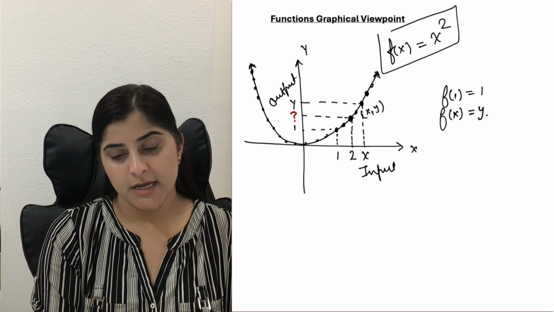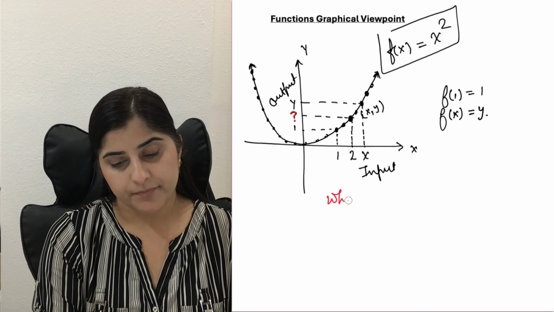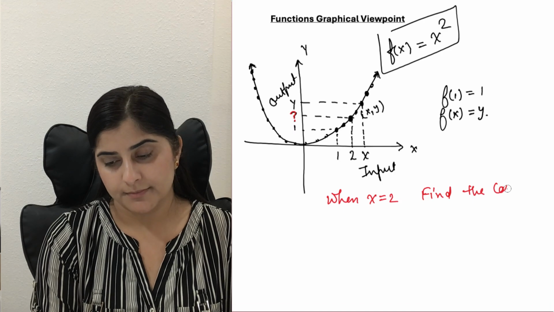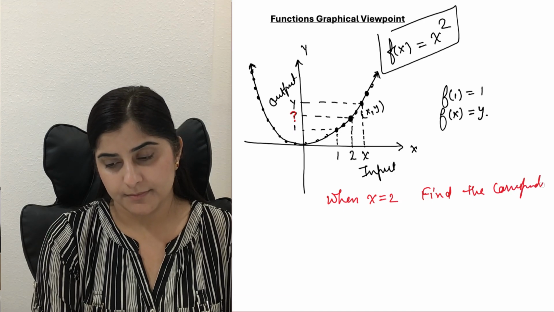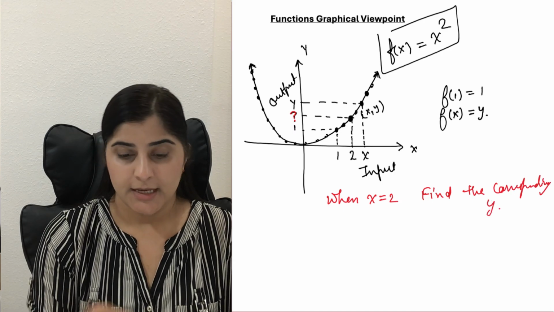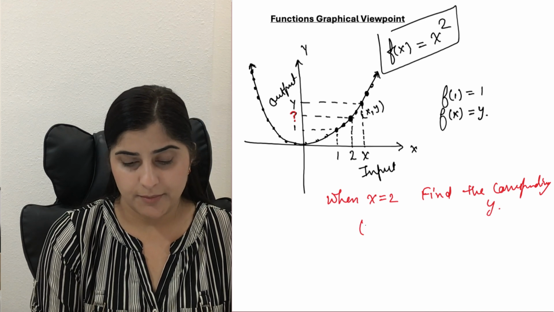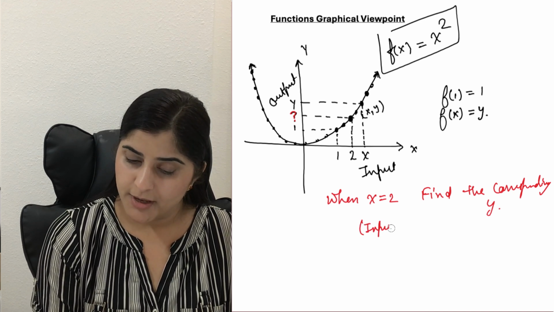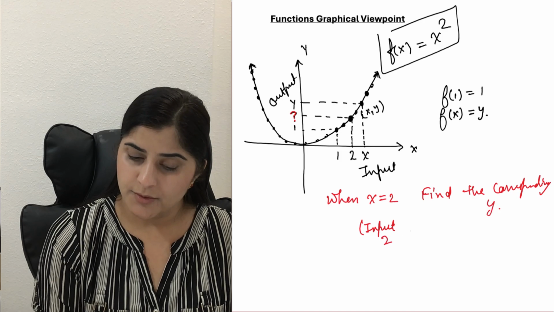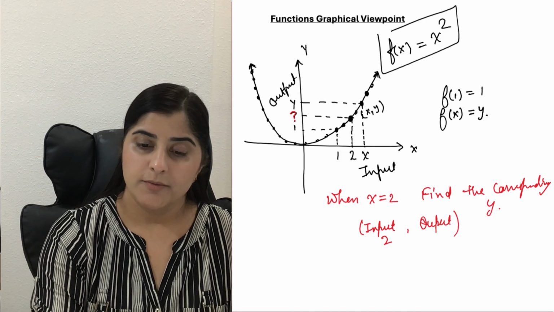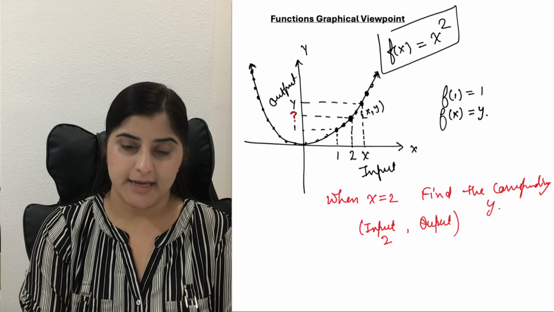In other words, when x is equal to 2, find the corresponding y. We are looking for the output when you input 2, when the function is defined as x squared.